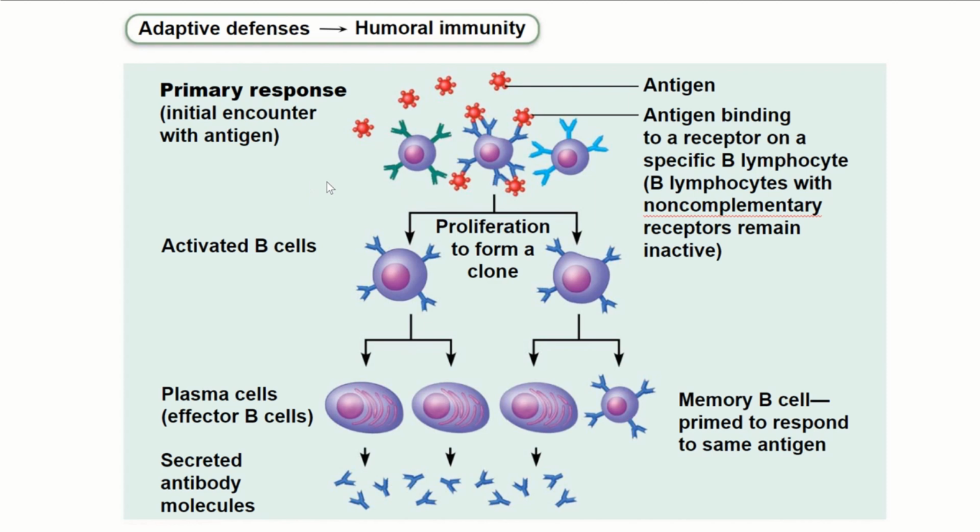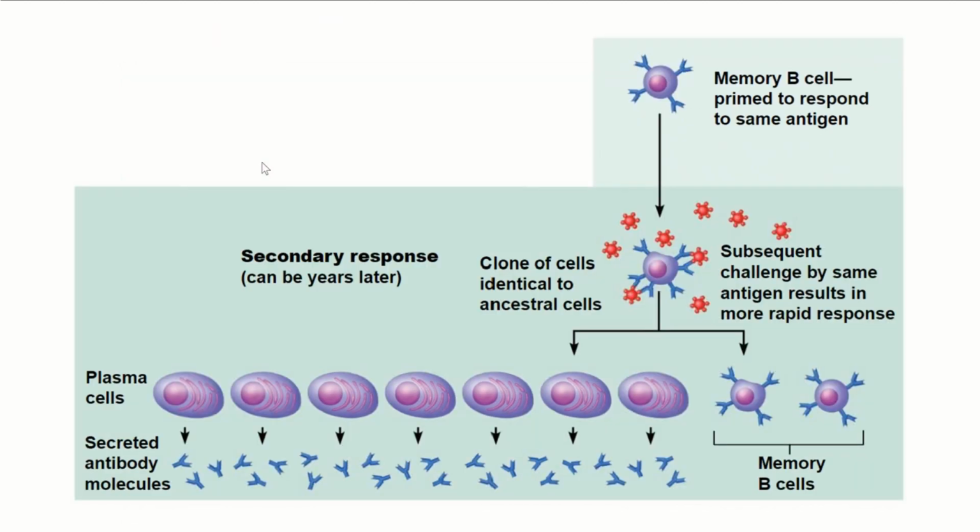And that's what we call the primary response. So this is an initial encounter with an infectious agent, a new antigen. And then each subsequent time that a B cell comes in contact with that antigen, it's going to divide and it's going to make memory B cells and it's going to make plasma cells.